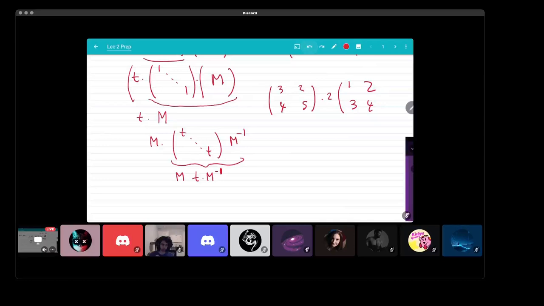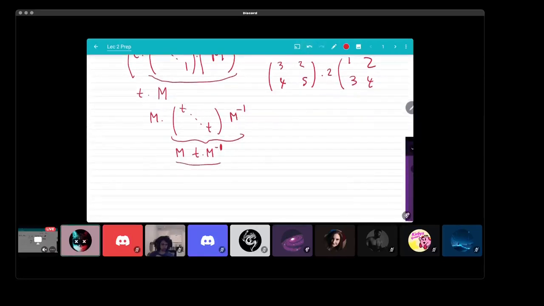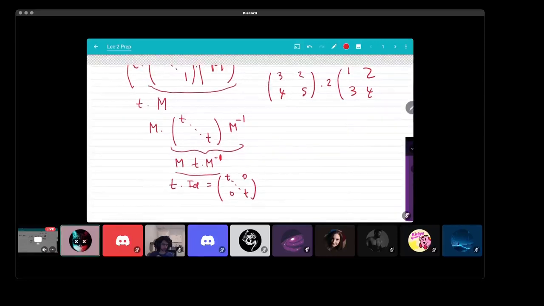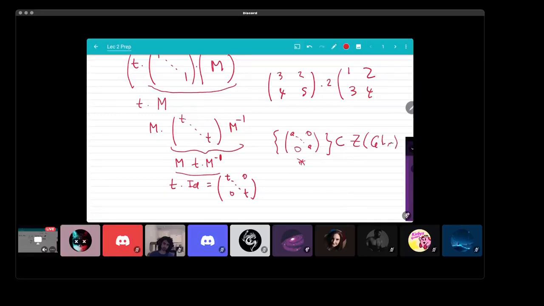It won't change anything. You can do the same for this, so it will give you t times the identity. So the takeaway is that matrices with all equal diagonal elements and 0 everywhere else, the subgroup formed by such matrices, commute with any other matrices, so it is in the center of the group.